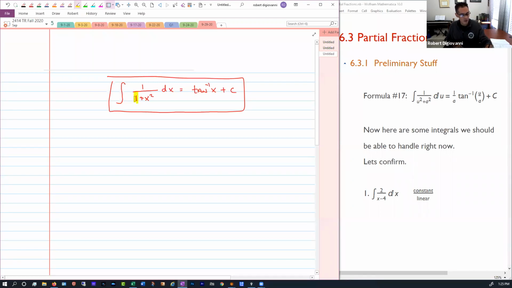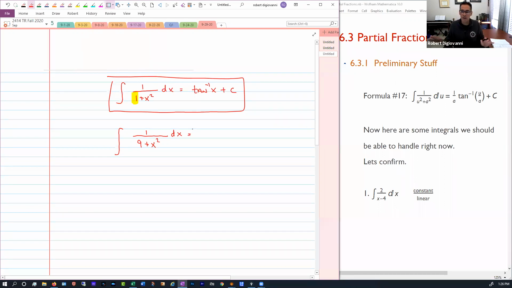Instead of requiring that to be a 1, it can be any number. In the formula, u is the variable, so u is like the x here, and then we have an a squared, like we've had in the trig sub we've been doing. Let me give you a specific example. If we had the integral of 1 over 9 plus x squared dx, we wouldn't have to work that out.